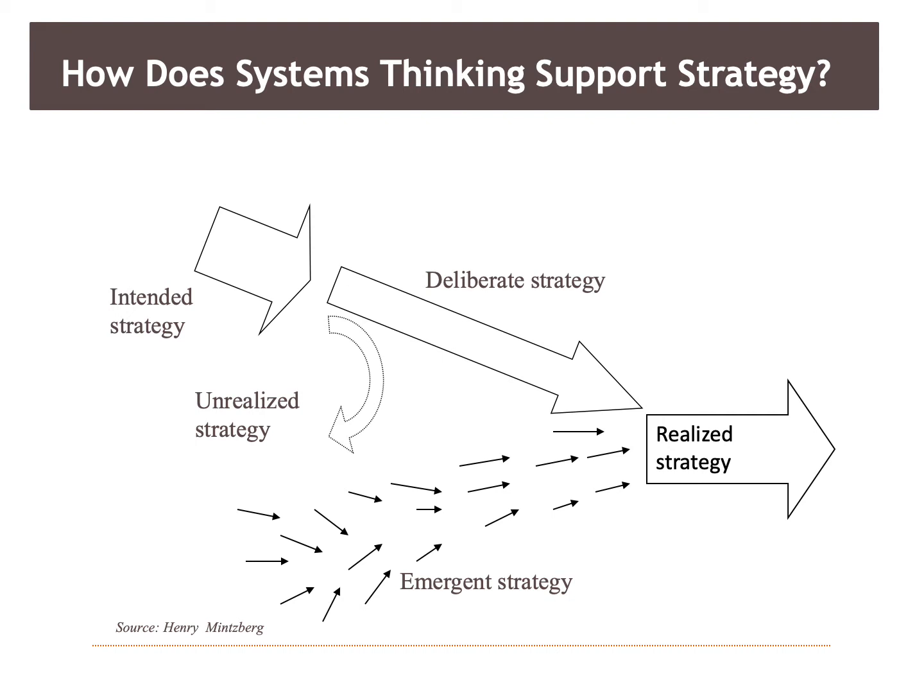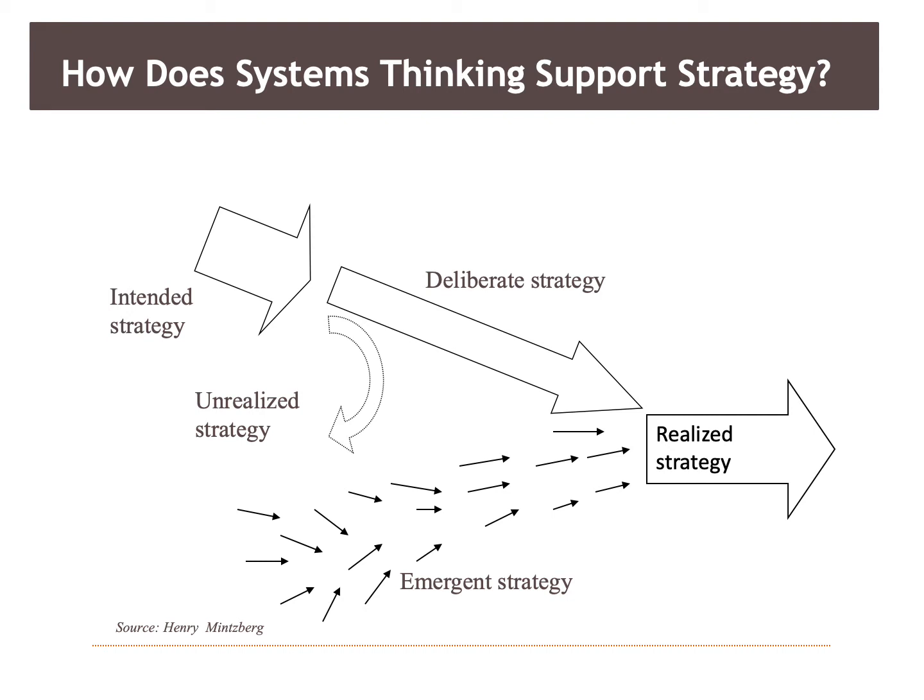And the bottom part of the slide is a set of little arrows, and these are multiple things that you're trying and doing all at the same time, in order to assess where there is potential leverage, what helps you get to your realized strategy. So in systems thinking, we say this is about experimenting, about seeing where there's real possibility for a system to change.